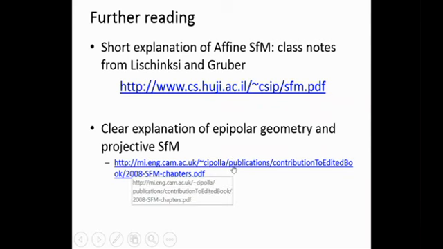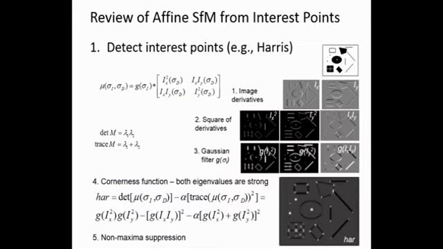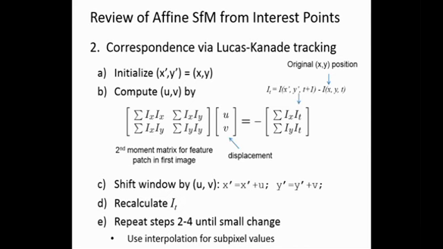Just to recap the whole dollhouse thing, we start from a set of images, detect points, track them, and do structure from motion. In the dollhouse sequence, you first detect points, for example, using Harris corner detectors. Then you use Lucas-Kanade tracking to track the points.